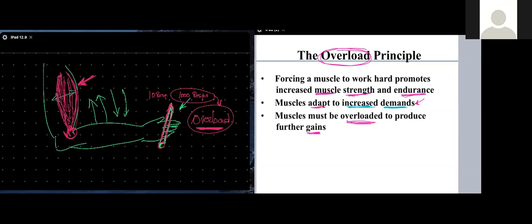So there will be no increase in the size, no increase in the reserves, just by not doing anything. So if you're sitting at home, not performing any kind of activities, there is no way that your muscles are going to increase in size. So again, the muscles need to be overloaded.